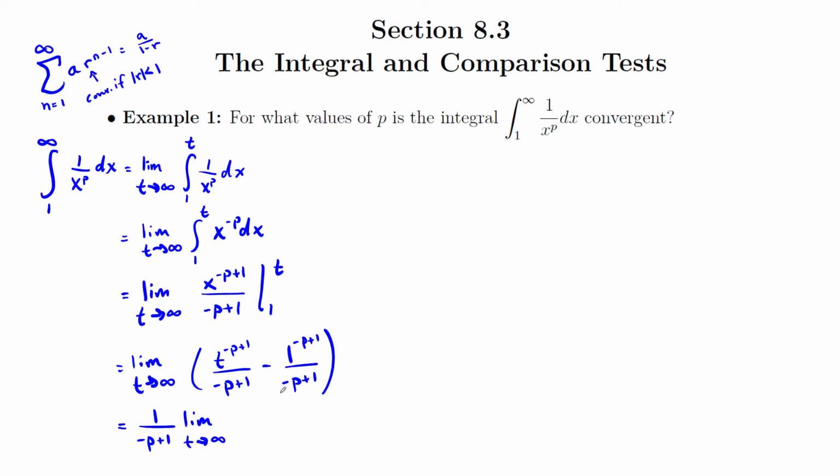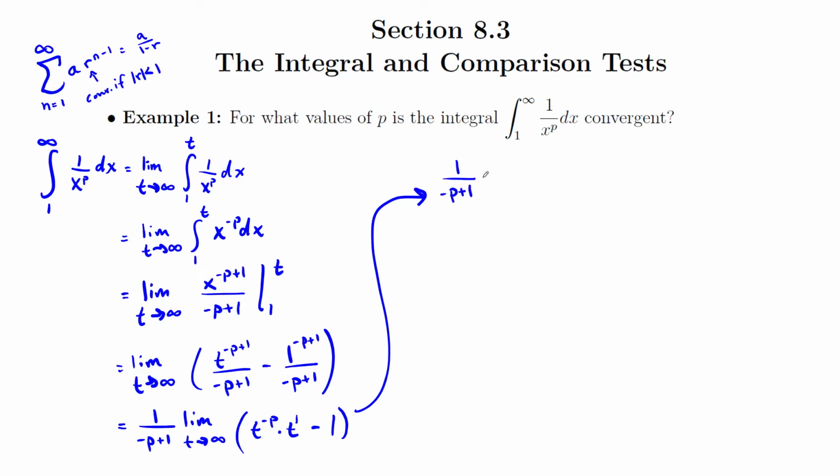And then the other thing that I'm going to do to make this just a little bit more palatable is I'm going to turn the t to the negative p plus 1 into t to the negative p times t to the 1. All right, we know that when you multiply like bases, you just end up adding the exponents. And then we have our 1 over here, but guess what? 1 doesn't really care what we raise it to, right? It's still just 1.